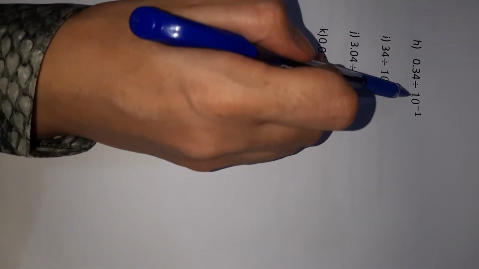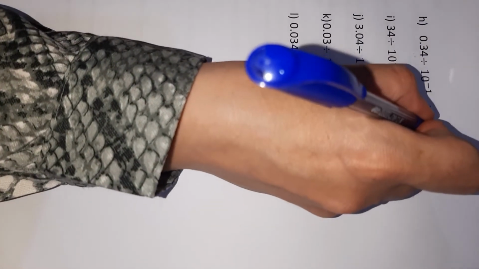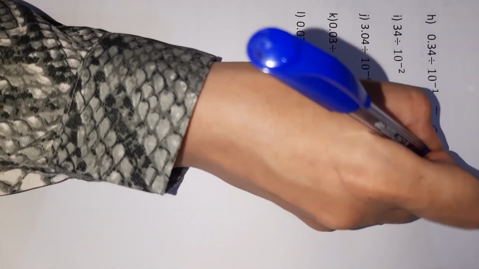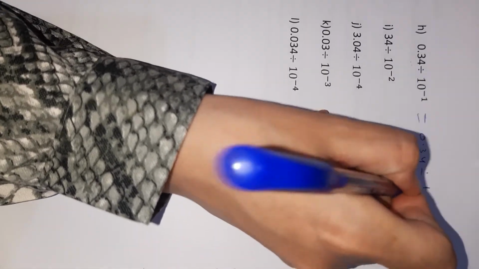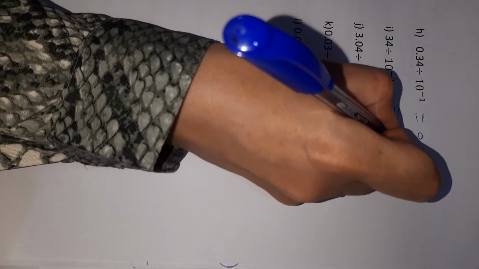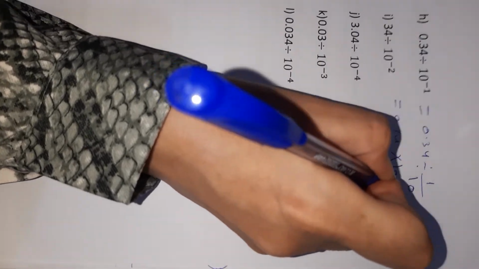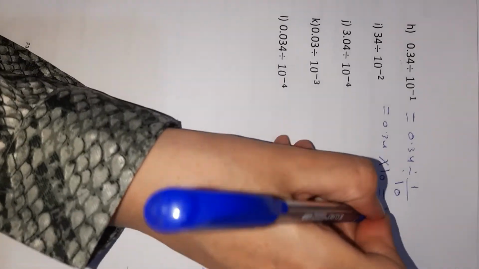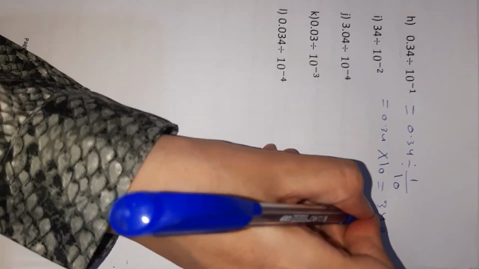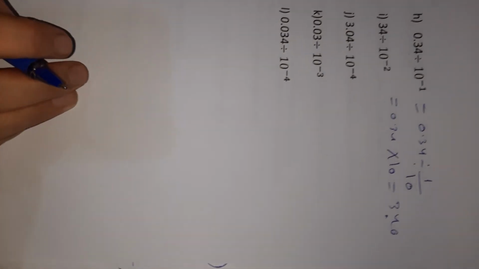Now this one here, dividing by 10 to the power of negative. Again, 0.34 divided by 1 out of 10 is the same as 0.34 times 10. It means 34 times 10, 340, 2 decimal places, so the answer is 3.40.